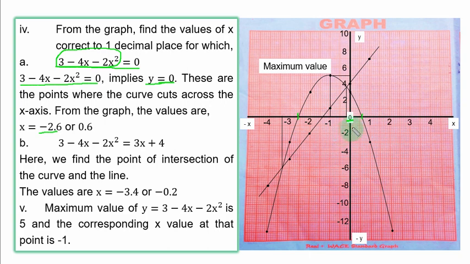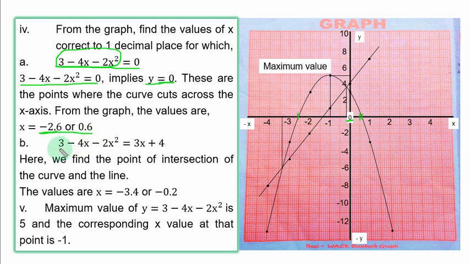When you come here, you know this place is 0.5, and you also have one line. That means you have 0.6. The solution to that equation is minus 2.6 or 0.6. That is part B of Roman figure 4.